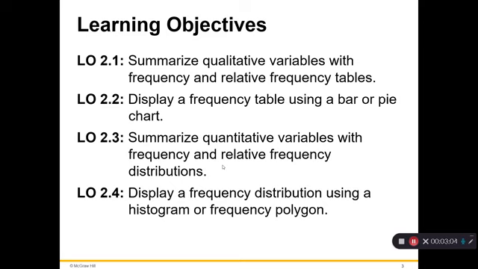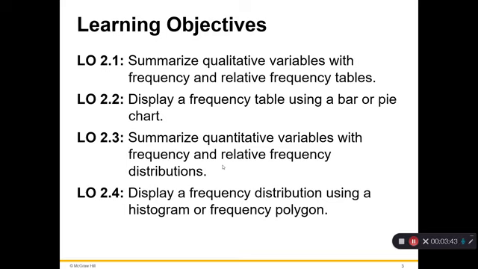Okay, and the third objective is to summarize quantitative variables with frequency and relative frequency distributions. In this case, we will be learning how to create frequency and relative frequency distributions for quantitative data, showing how data points are spread across various classes. And objective 4 includes displaying a frequency distribution using a histogram or a frequency polygon. Frequency polygons or histograms are used to represent quantitative data distributions graphically.